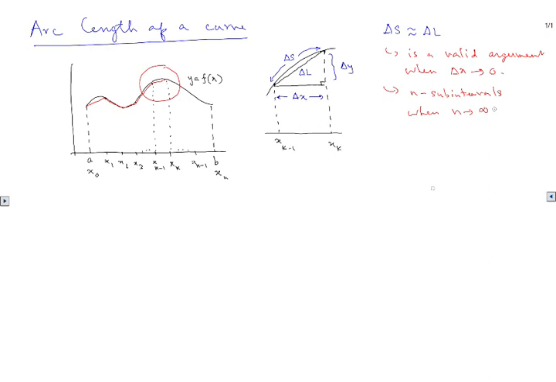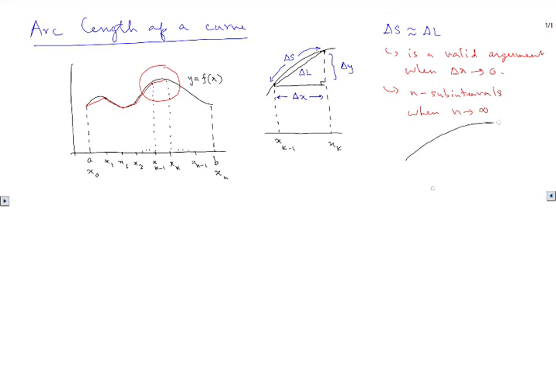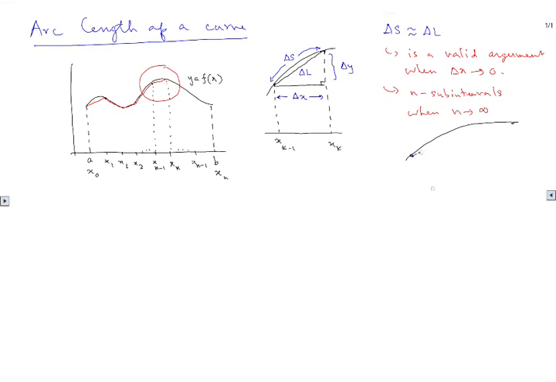For example, we can look at a situation where we have only two cuts. Let's look at this situation, where we have a curve like that. First, consider these two points. If you have only these two points and you consider the secant line, this is how it looks.